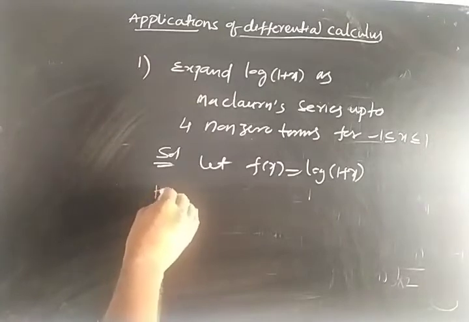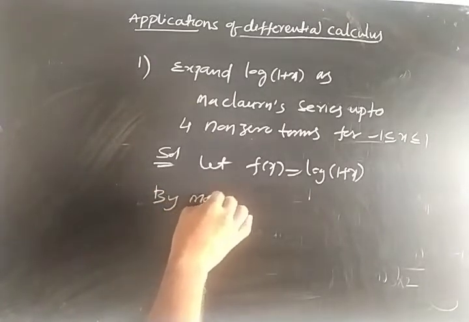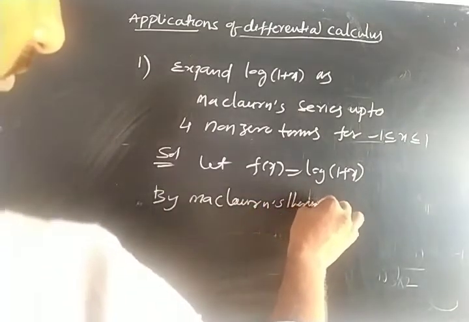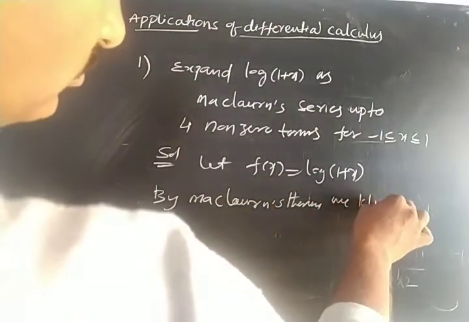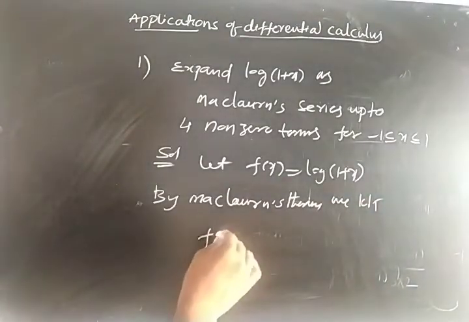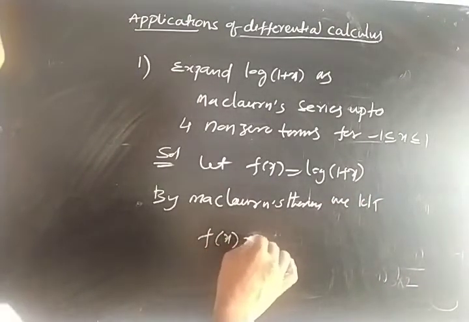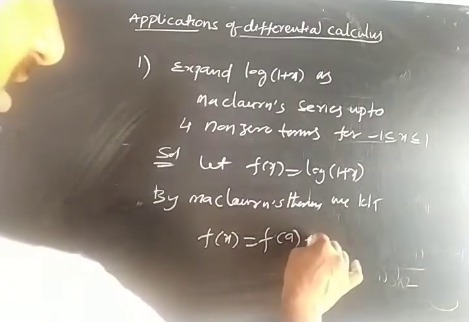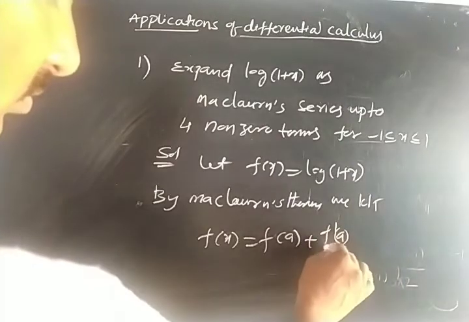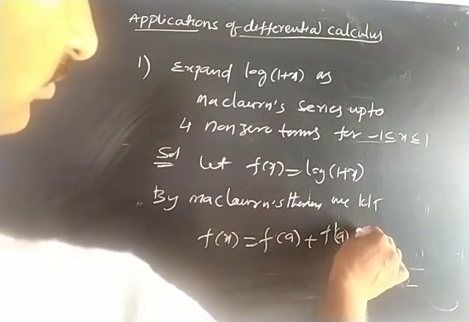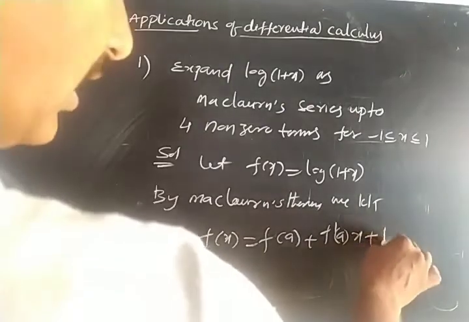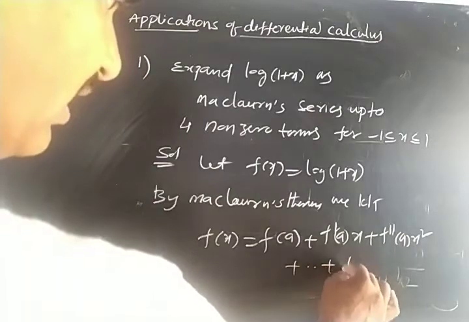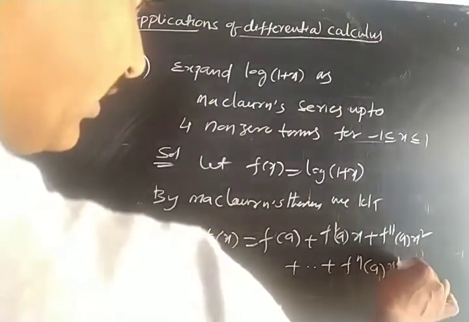By Maclaurin's theorem, we know that f of x is equal to f of a plus f dash of a by 1 factorial into x, plus f double dash of a into x square by 2 factorial, plus so on, nth derivative fn of a into x power n by n factorial.